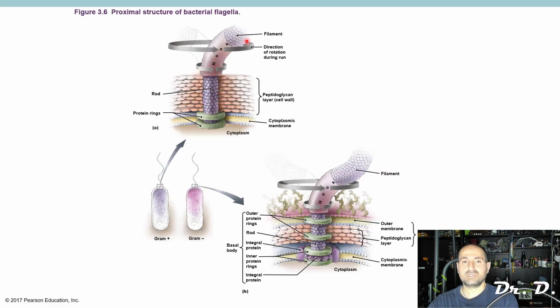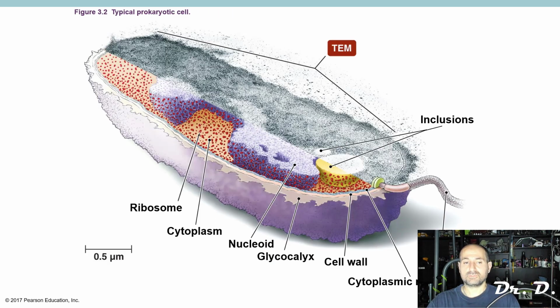So you can see here the filament is the long whip-like structure, and then the hook attaches that filament to the basal body. The basal body is attached to the cell wall of the bacteria. And the way these flagella work is that due to a proton gradient, or diffusion of protons across the membrane, that causes rotation of the flagella. The flagella literally spins like a propeller, and that propels the cell through the fluid.